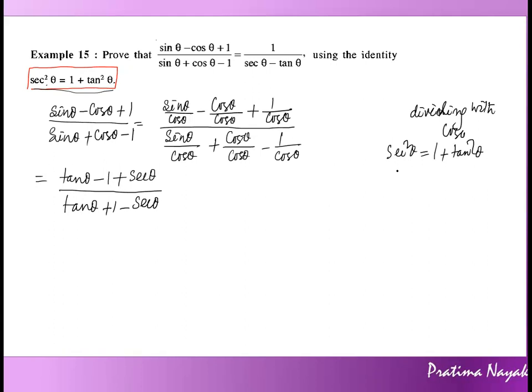So 1 is equal to sec square theta minus tan square theta. I'll use it only in the denominator here, because the denominator is the part left to simplify, so I'll do it in the denominator.